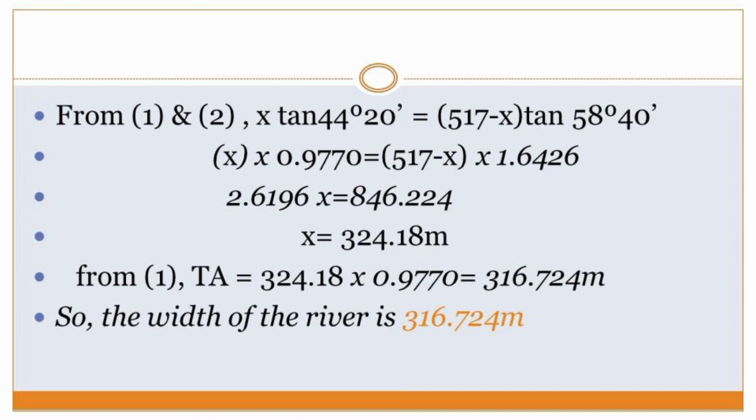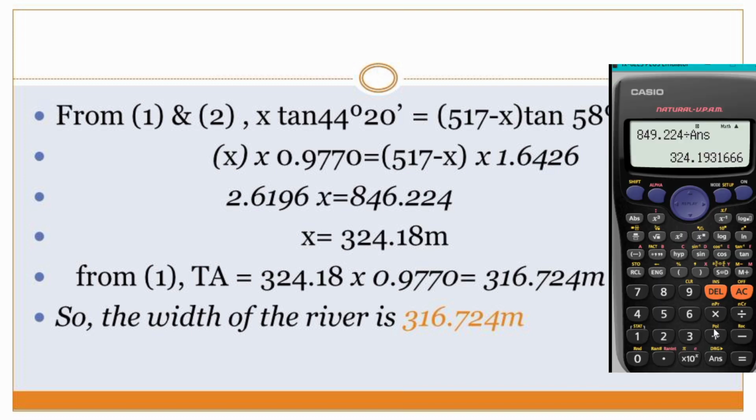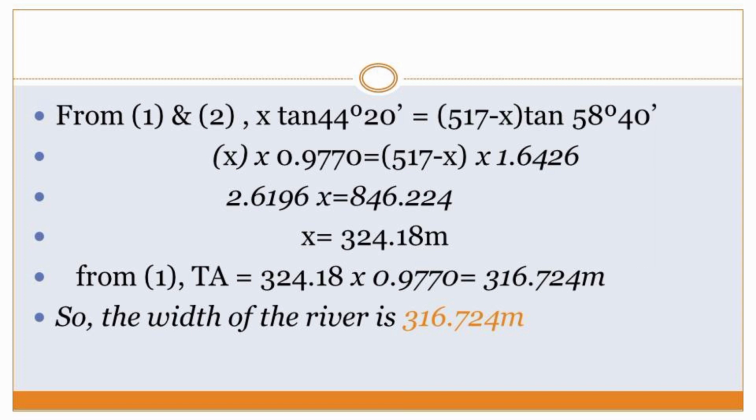So TA is equal to x, which we have gotten as 324.18, multiplied by tan 44 degrees 20 minutes, and our width of the river becomes 316.72 meters. That will be all. Thank you.